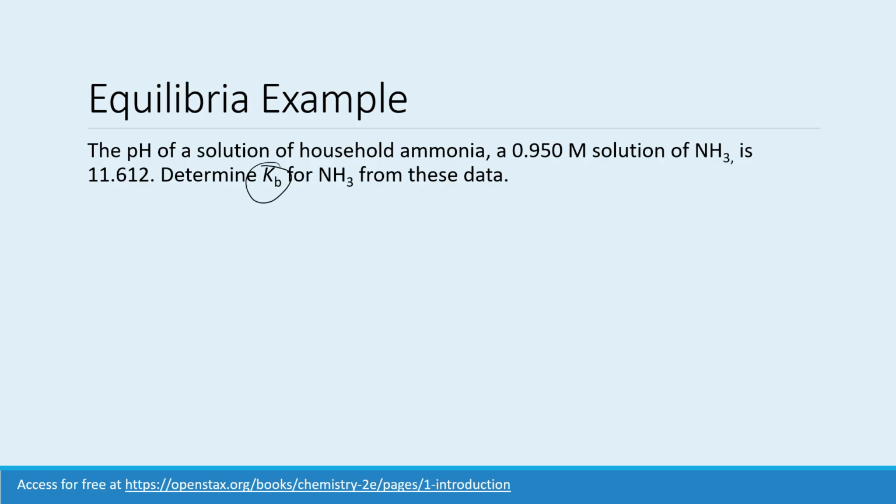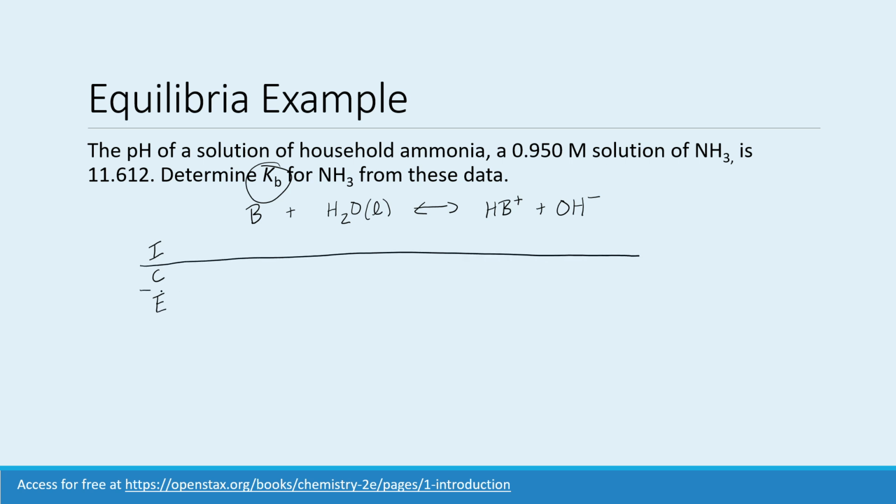So we're going to copy down that weak base reaction where we have B plus liquid water yields on the product side HB plus and the hydroxide ion, OH negative. And at some point, if you're getting the hang of this, you could just start ignoring the water column entirely and not including it as you write down your ICE table.